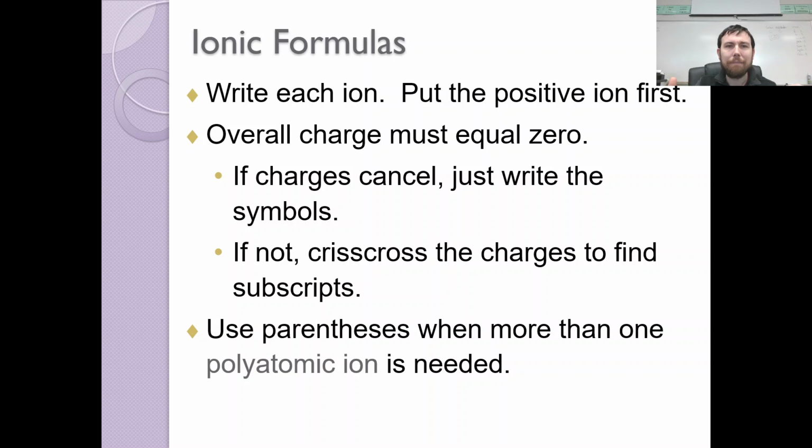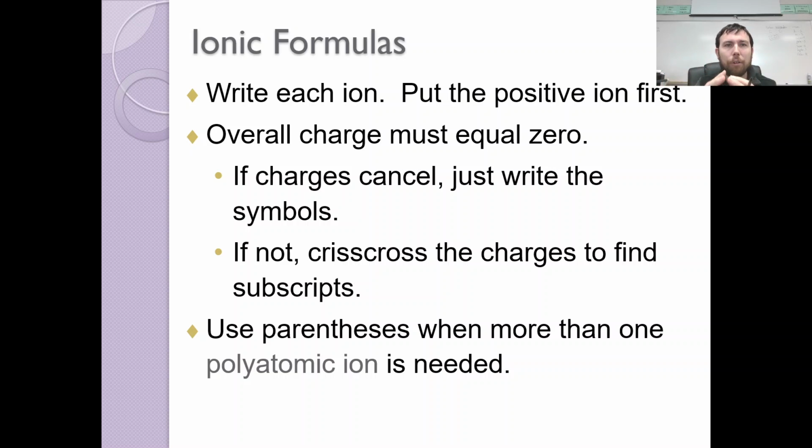And lastly, if your substance contains a polyatomic ion, one of those ions on your list, and you happen to have more than one of them, like you need 2 nitrates, for example, so that's NO3 1-, I need 2 of them.